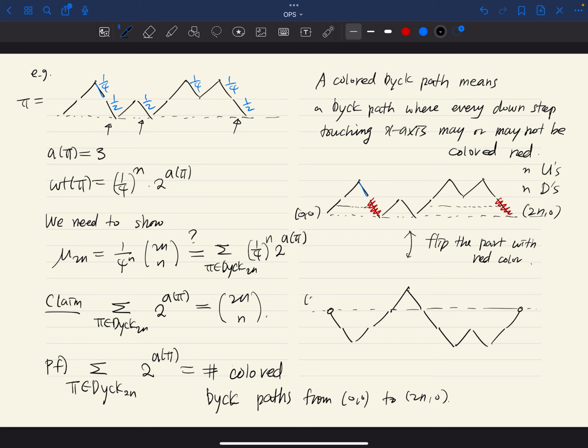And you see, in this way, you can get any path from here to here. Any path using n up steps and n down steps. And the number of paths here without any restrictions using up steps and down steps is exactly 2n choose n, because you just select the positions for the up steps among the 2n positions.